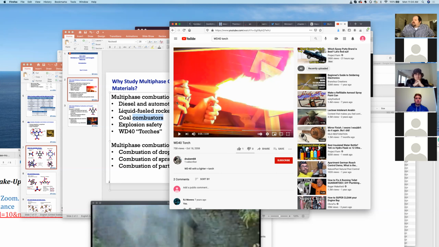But here we see a spray flame. Here we have a spray of fuel droplets in the form of WD-40, whatever material that is, I have no idea. These are a mist of very fine droplets. You have an ignition source here, and after it's ignited like this, he could move his hand away and it'd be self-propagating.